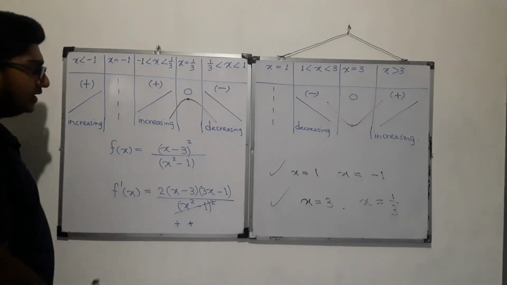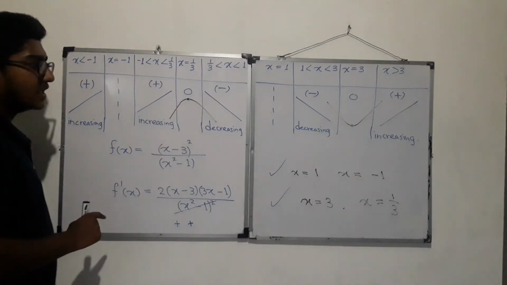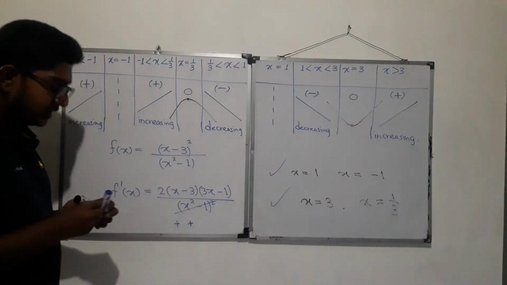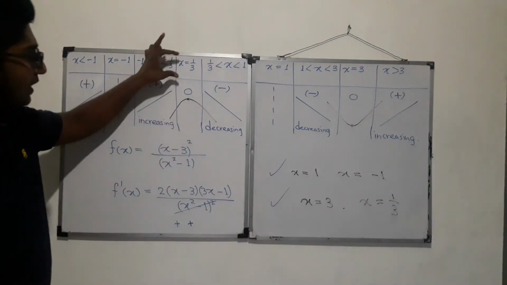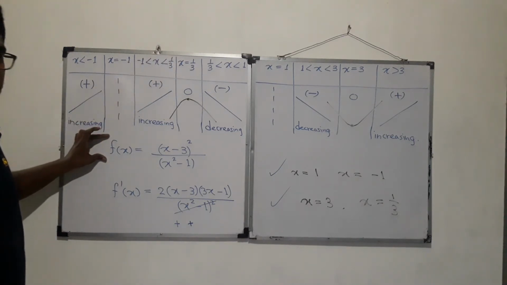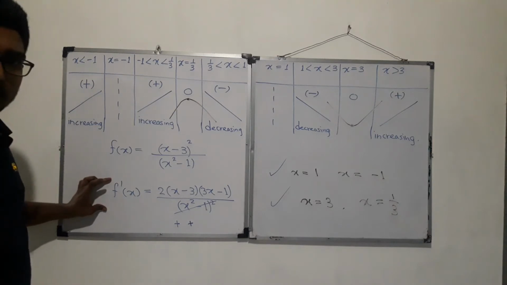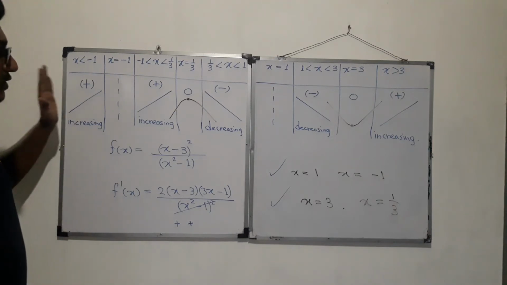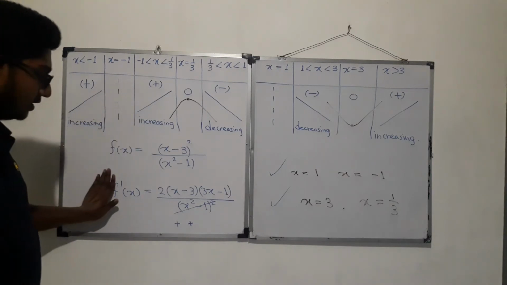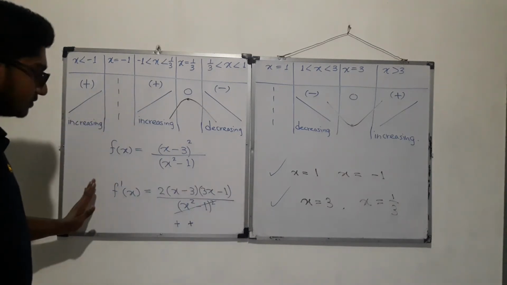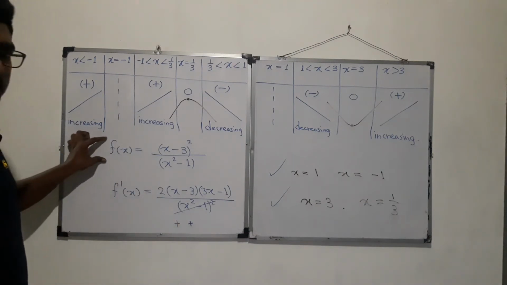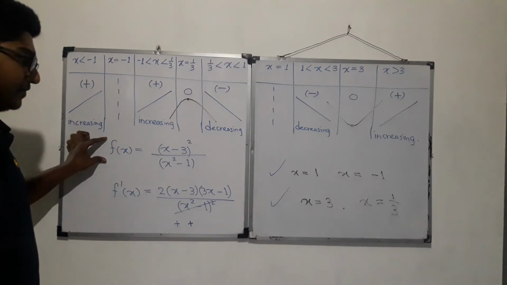Now I have to find the coordinate of this maximum point, coordinate of this minimum point. For that, I have to substitute x equals 1/3 into our function. So we are using this derivative f dash x only to find the nature of the gradient. After that, no need to consider this. For the other parts of the graph, we have to consider f of x.